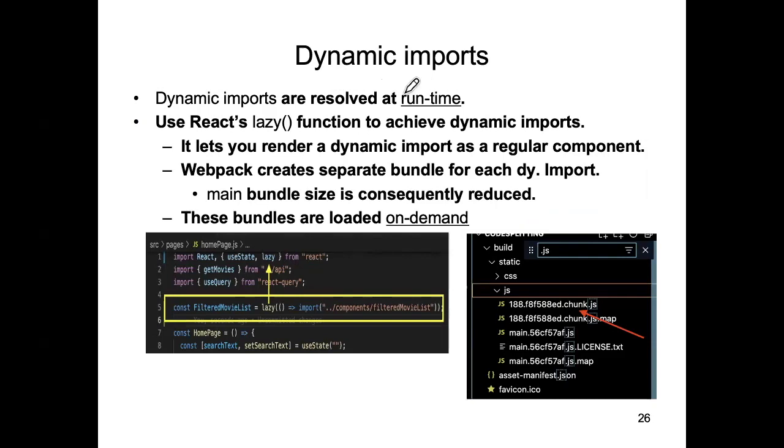What I mean by resolved at runtime is that when a particular piece of JavaScript code is executed in the browser, and that code refers to a module, and that module is associated with another bundle, then the browser will request that bundle from the server.